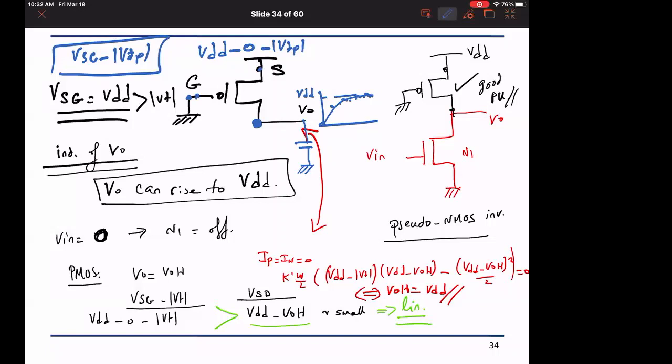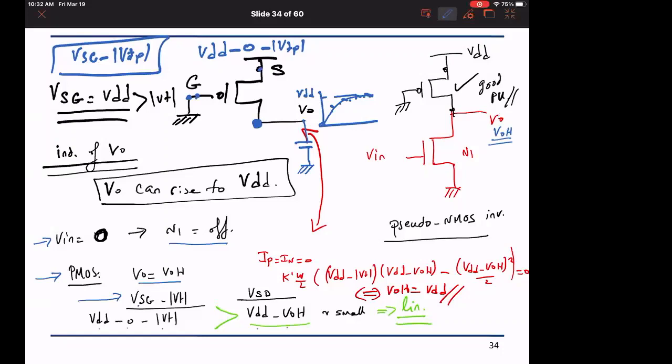Right? So if Vin is 0, how far can I charge? What is VOH for this device? If I want to solve for VOH, I'm really just going to say Vin is 0, N1 is off, VO equals VOH. The PMOS has VSG minus VT equal to VDD minus 0 minus VT.